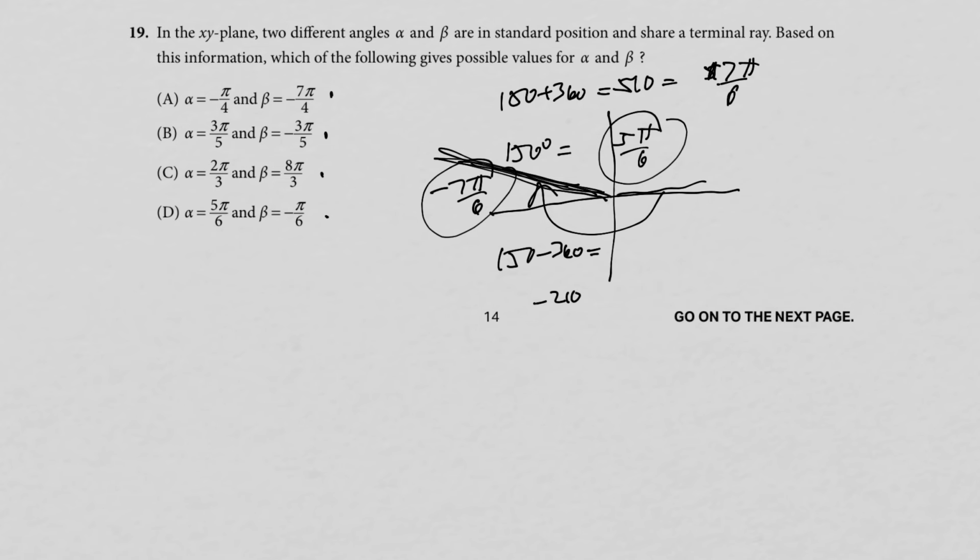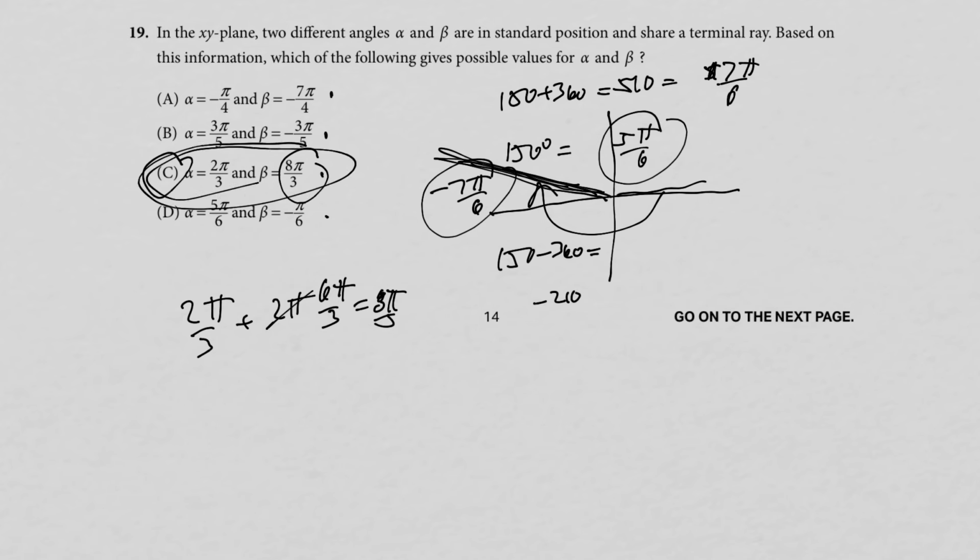Oh, they don't all have negative. Basically, they're separated by 2 pi. So that's why the answer is choice C, because 2 pi over 3 plus 2 pi, which is the same thing as 6 pi over 3, becomes 8 pi over 3. Basically, if the difference between these two things is 2 pi, then they are the same. The angles are coterminal.